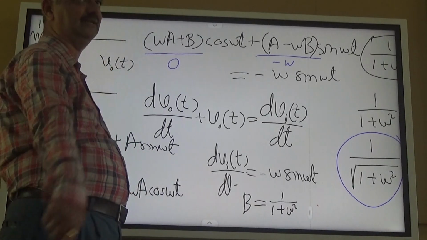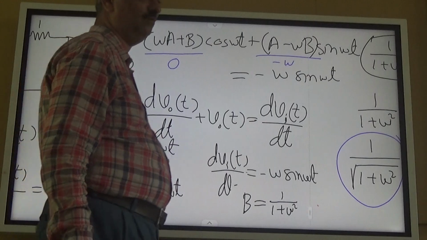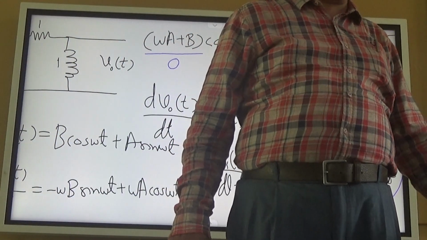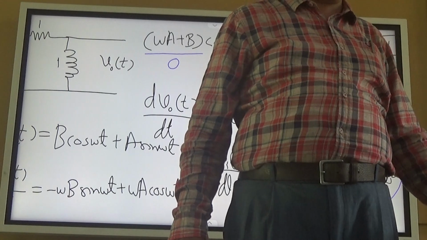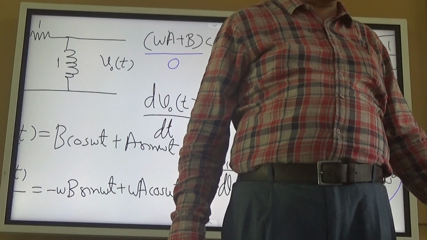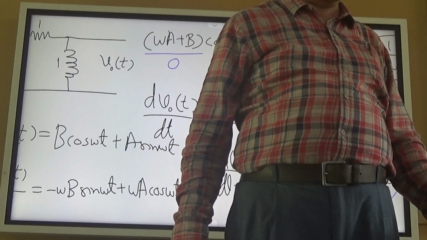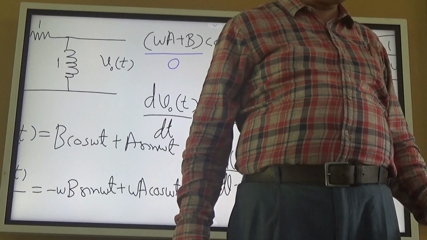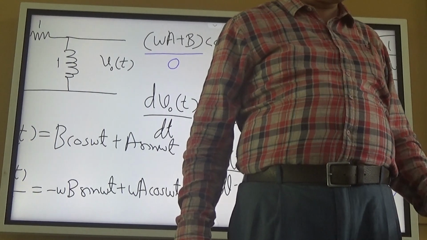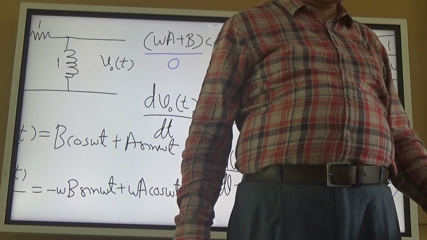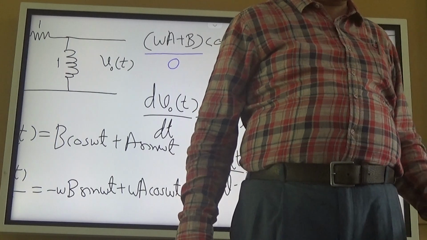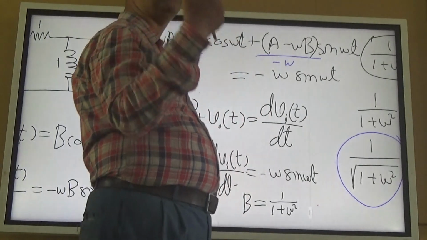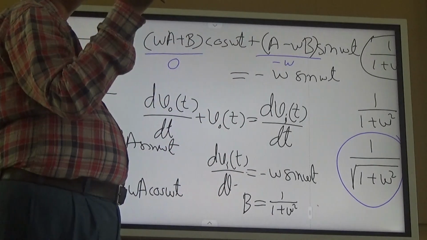This is a high pass filter. So for lower frequency we get less gain. For higher frequency we get more gain. Anybody see the point of mistake? Something went wrong somewhere.